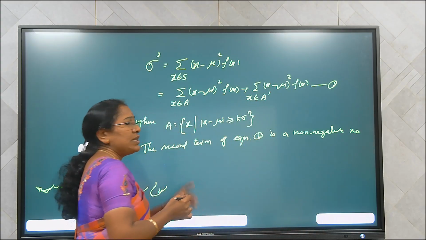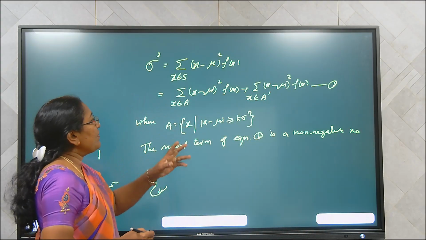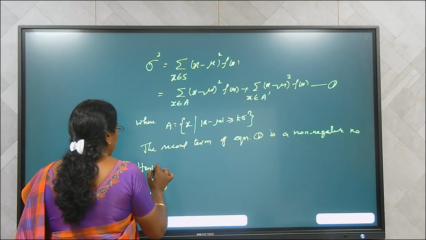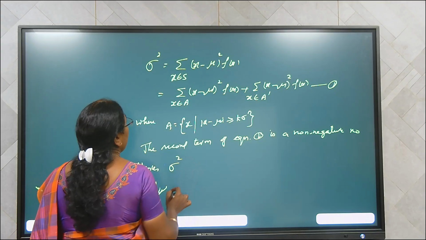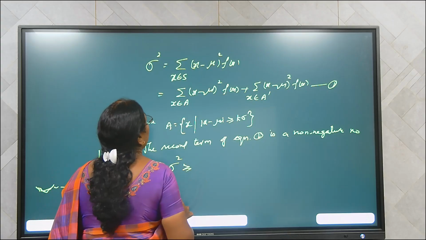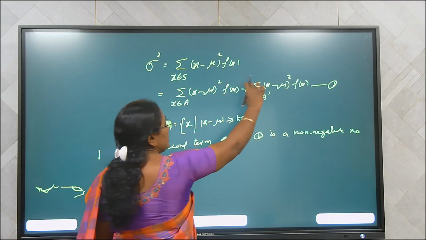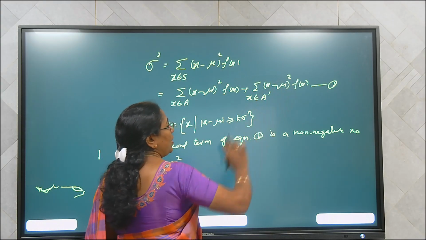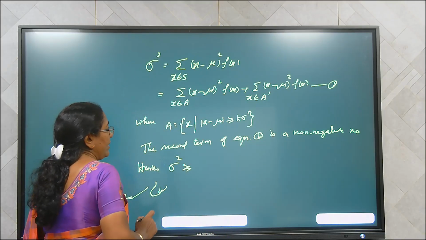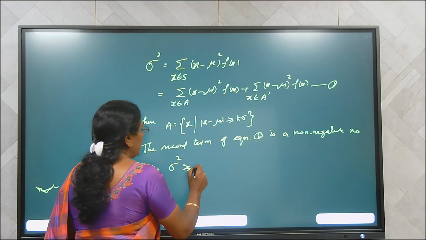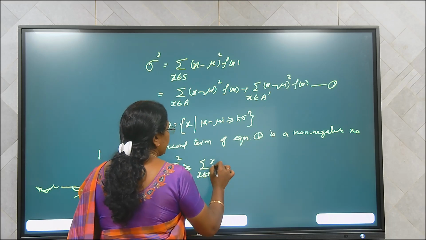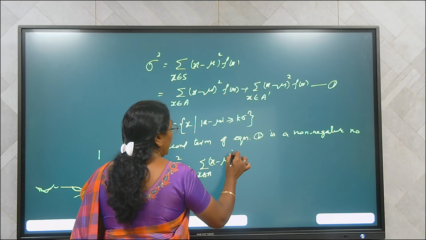Hence, if we remove the second quantity, instead of equal to we will have greater than or equal to. Because we are removing a sum of non-negative terms, the left hand side becomes greater. So sigma squared is greater than or equal to the sum over x belongs to A of x minus mu whole square into f of x.